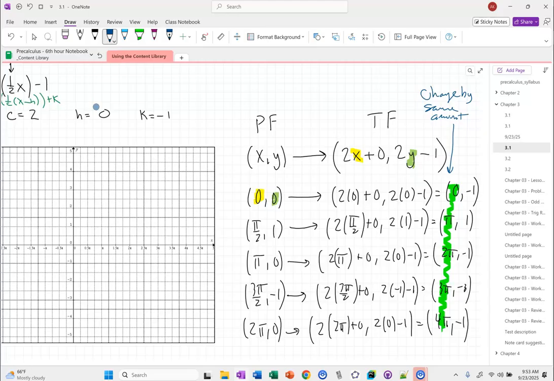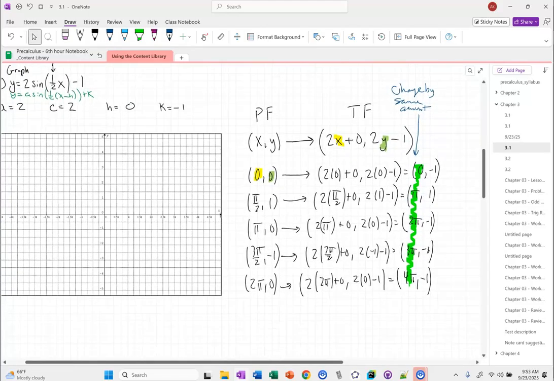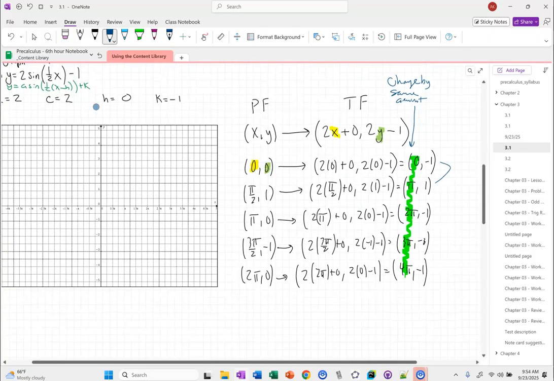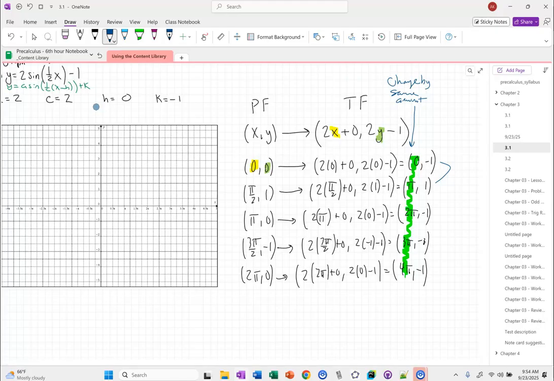And look at the y coordinates here for a moment. How many units are there between negative 1 and 1? 2. How about between 1 and negative 1? 2 units. How about between negative 1 and negative 3? 2 units. Between negative 3 and negative 1? 2 units.